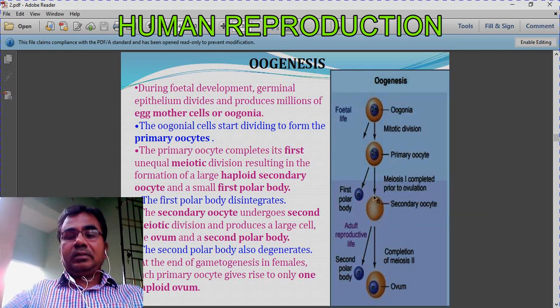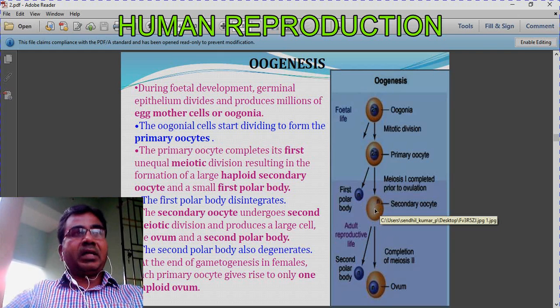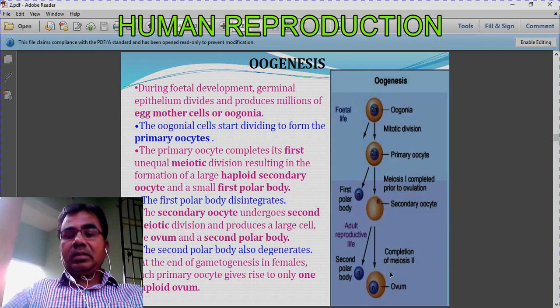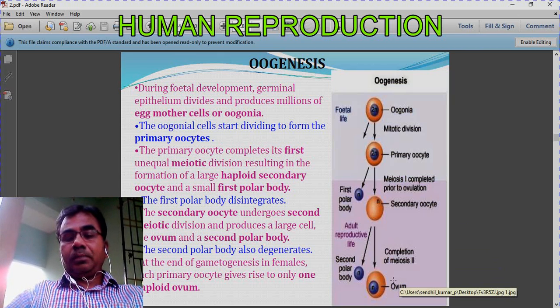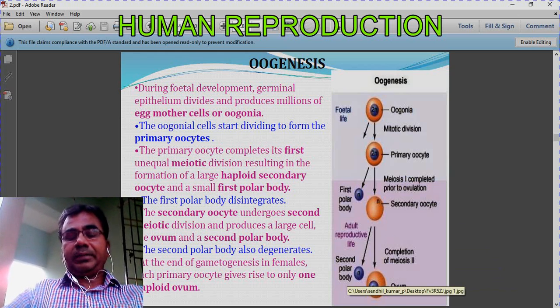Only the secondary oocyte undergoes the next division, that is meiosis 2. As a result of meiosis 2, it also produces two unequal sized cells: one is a large ovum and a small cell, which is the polar body. Okay.